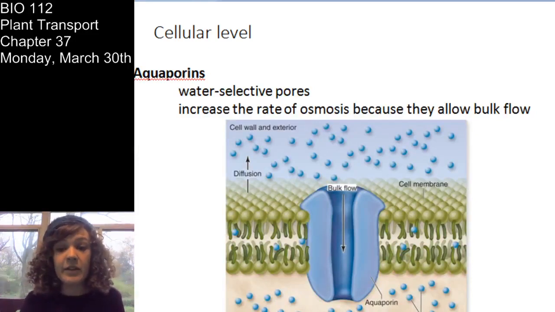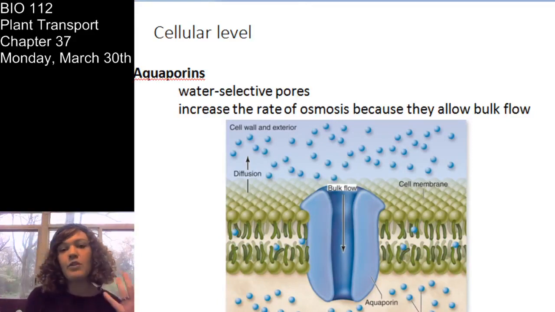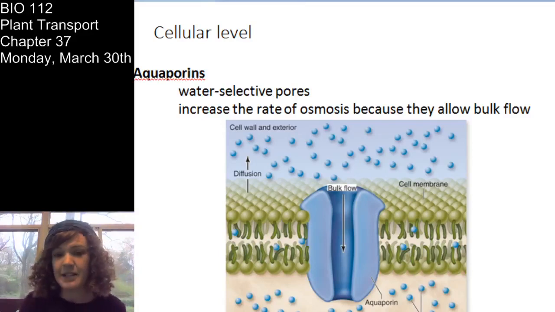So at the cellular level, there are a couple of ways that water can move. You have active transport, which requires energy in the form of ATP, and then you have passive transport, which does not require ATP. One very important protein in this process is aquaporin. Aquaporins are water-selective pores that allow bulk flow of water. These were discovered because scientists noticed that the rate of water movement through the plant is much faster than you would expect from osmosis alone.